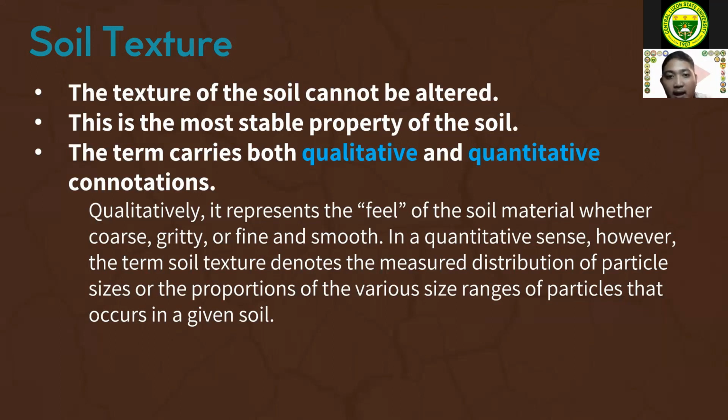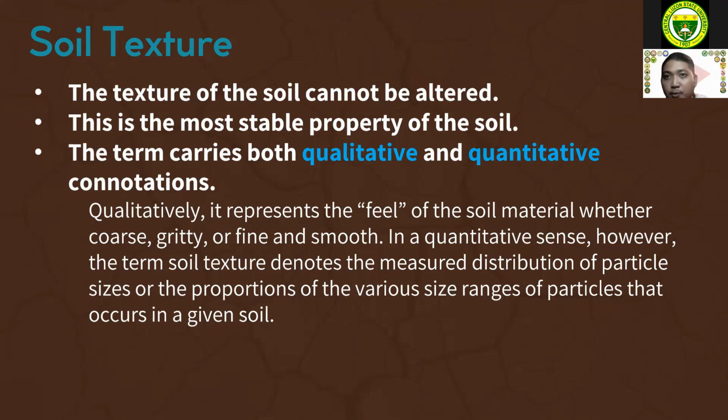How do we get sand, silt, and clay in the soil? Sand, silt, and clay are the product of what we call weathering. The weathering process takes geologic time. It takes hundreds or thousands of years to change a single particle from sand into clay.